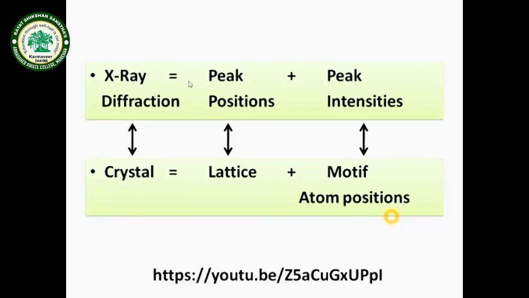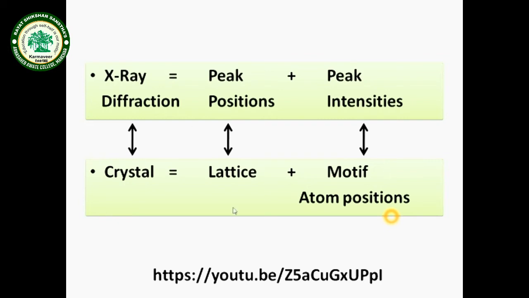And therefore, in order to understand how this diffraction is used for the study of atoms, we have learned in the first chapter that a crystal is nothing but the combination of lattice plus motif or basis.